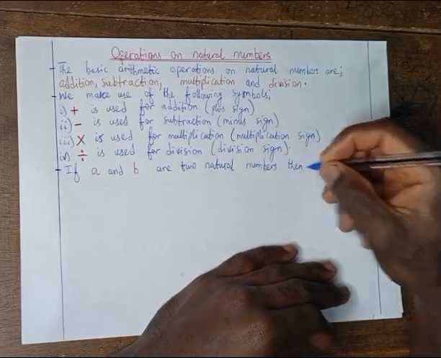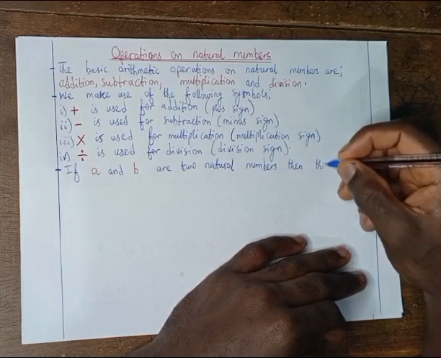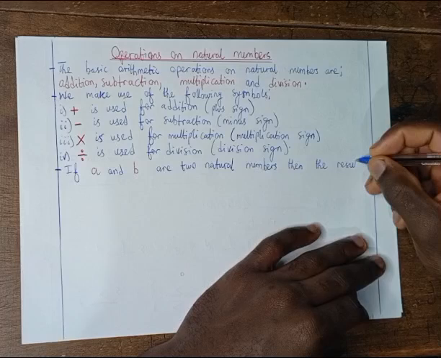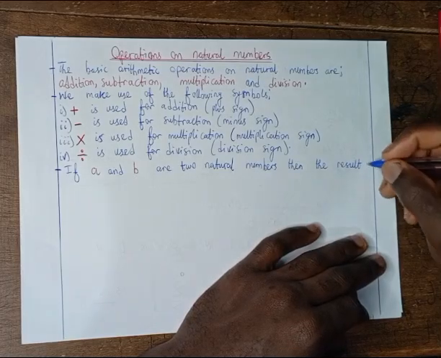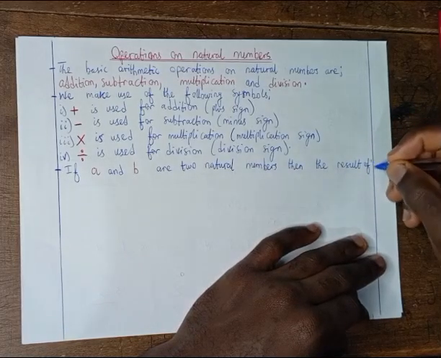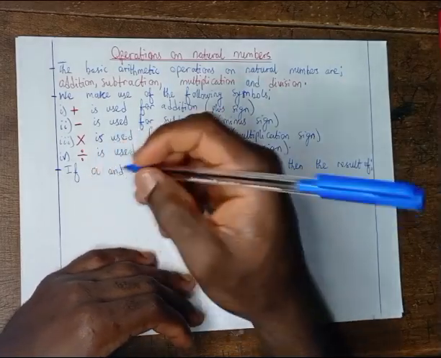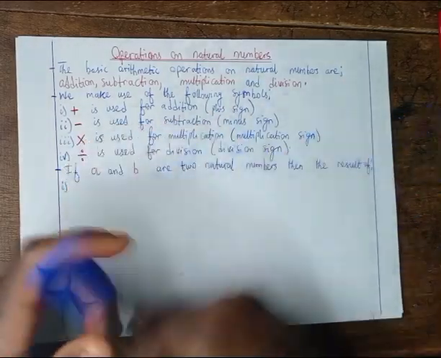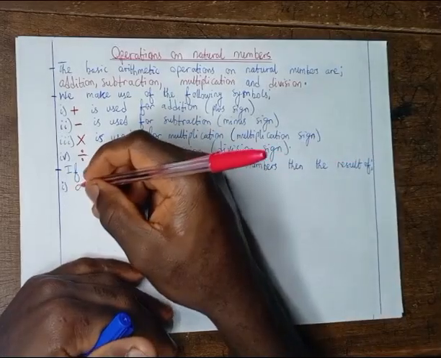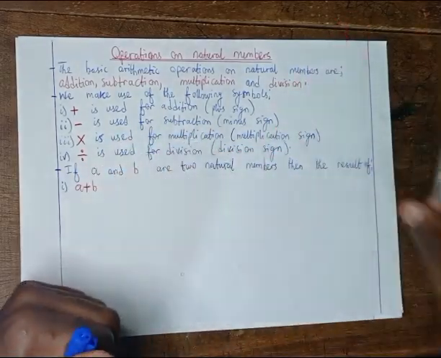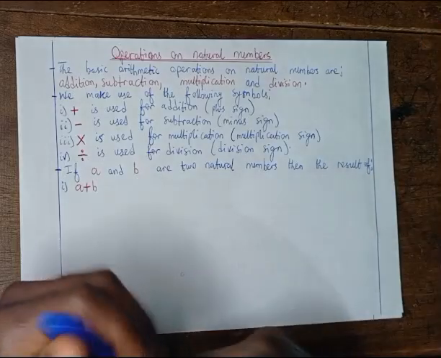Then the result of, let's take the first one, I. If we add the two numbers, if you add A to B, we read this as A plus B.